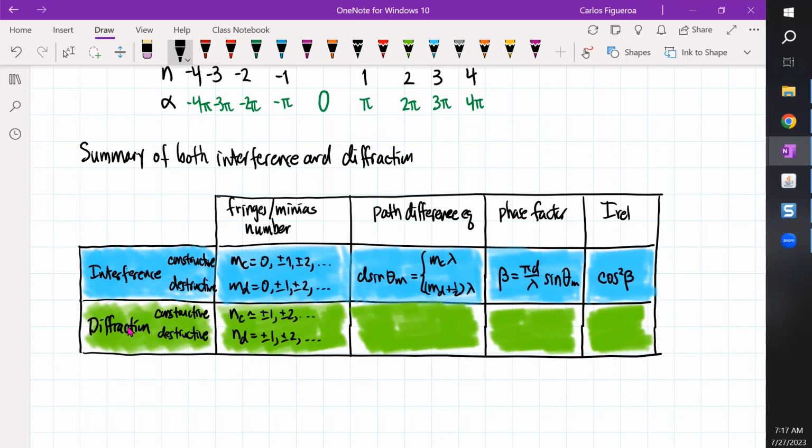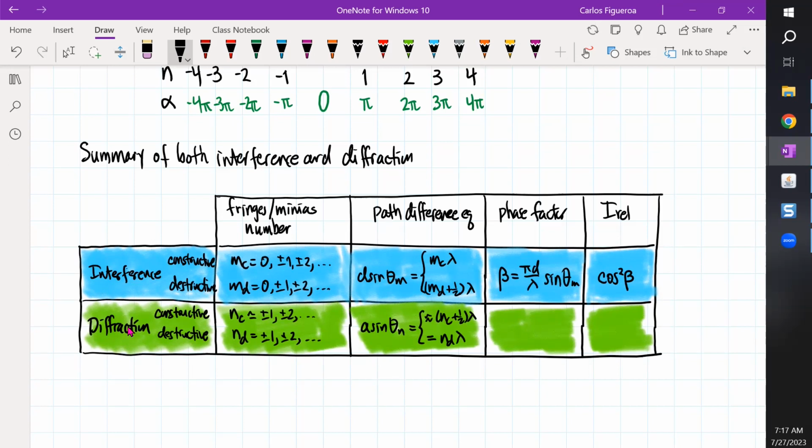Then I have my path difference equation, and we have to be careful how we write this, because this is approximately (NC plus 1/2) lambda, and this guy is exact at ND lambda.